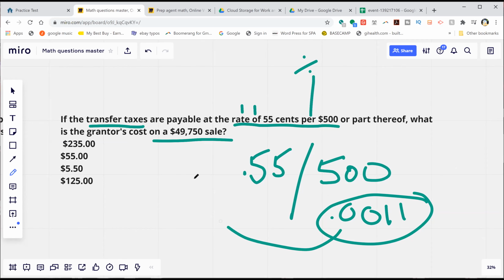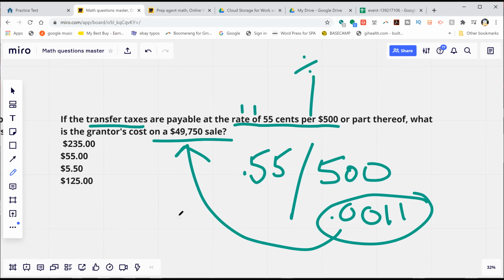So now we're going to multiply this by our 49,750. Someone said they did it 3 times on their calculator and finally got it. Yeah, please do your math several times on your calculator, because sometimes you get different numbers, or you have butterfingers.